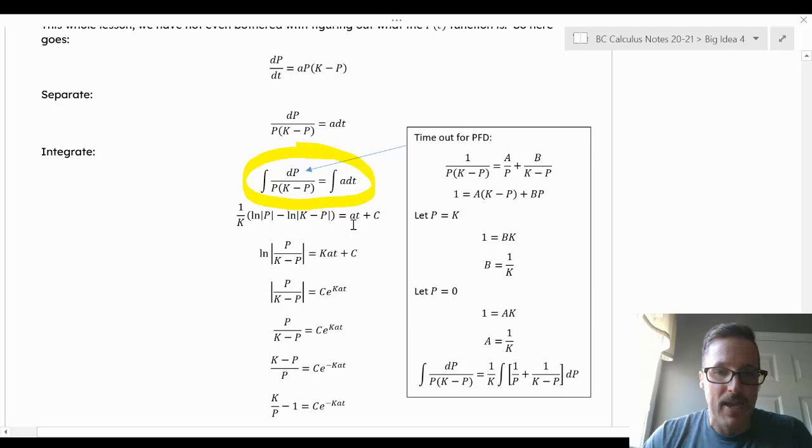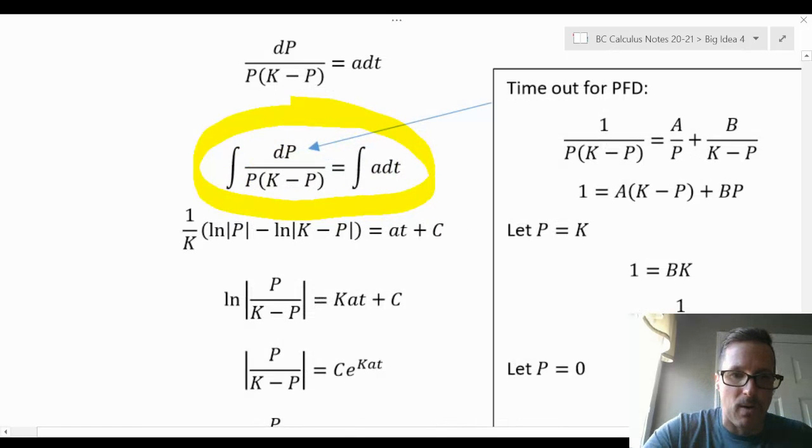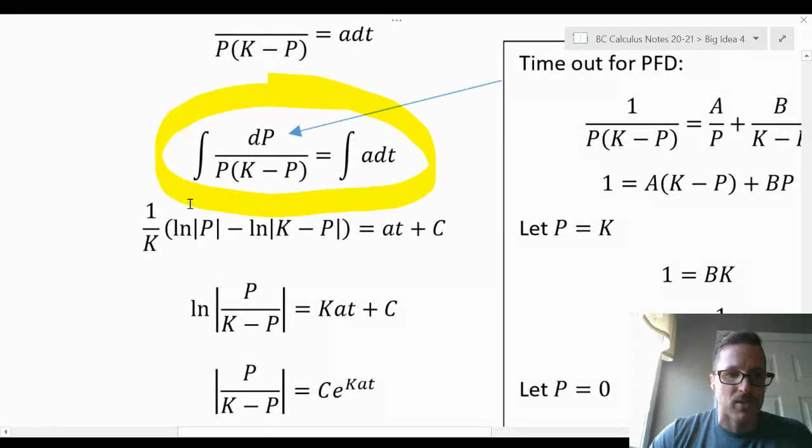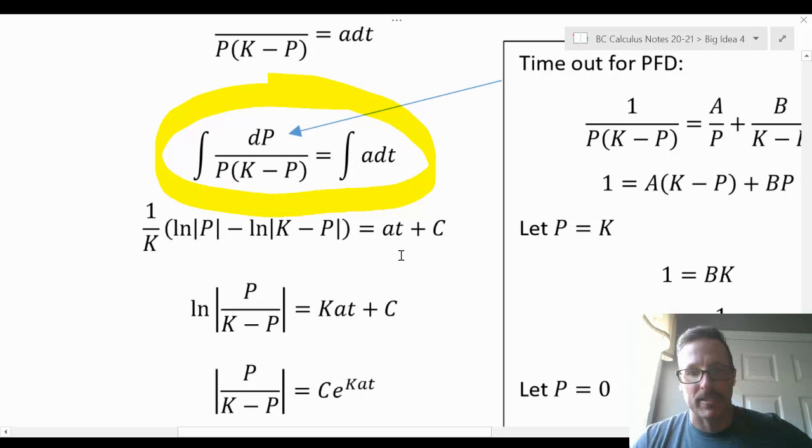Watch out for that. So here we are at 1 over K times the natural log of P minus the natural log of the absolute value of K minus P, and then the integral of dt is t, plus the mystery constant.